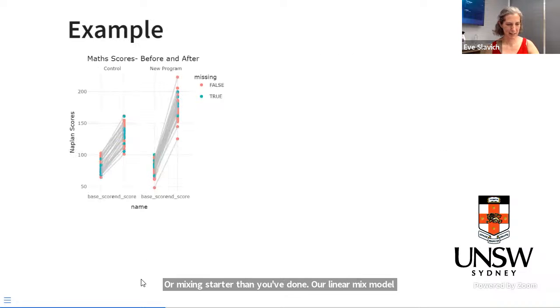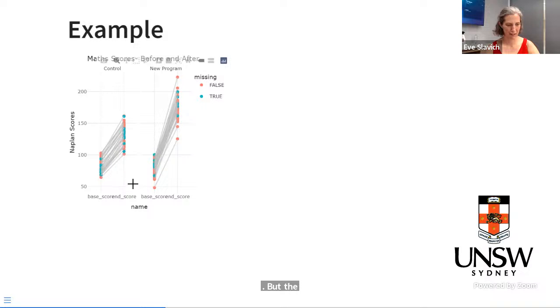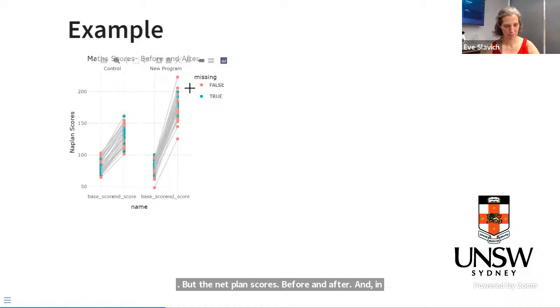So this is what the data might look like. We've got the NAPLAN scores before and after, in the control and the new program. And these blue dots are dots that don't have a partner. So they were only measured before or only measured after because they were absent.